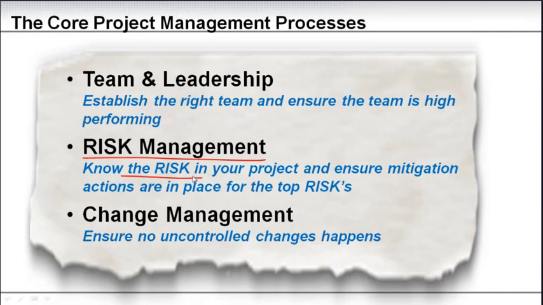And by knowing the risks, you can take mitigation actions for the top risks and thereby significantly reduce the likelihood of failure. If you don't know your risks in the project as you start out, you have no way of controlling the unforeseen. As you remember, the project manager of the future is to expect the unforeseen, or expect things before they actually happen. So for that, you need to have a risk management process in place.